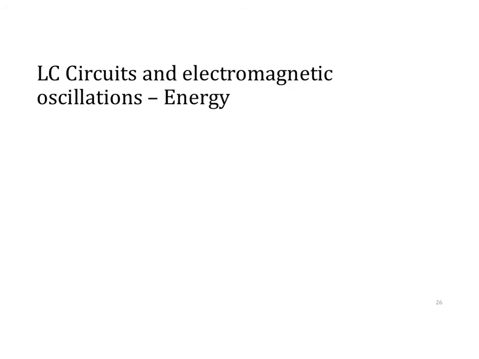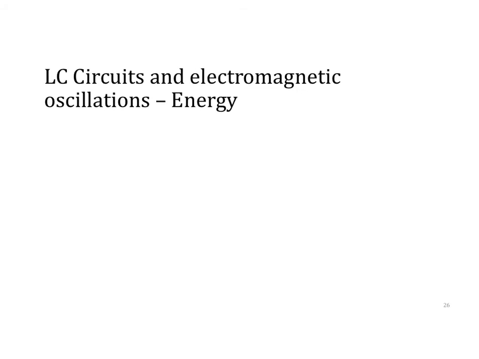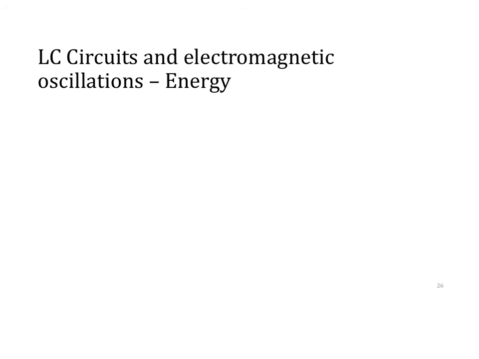If we're talking about LC circuits and those oscillations, we should talk about the energy of those oscillations. So at the start of our situation, when we have all the charge on the capacitor, so we have max charge on the capacitor, we're going to see that all of our potential energy is going to be in that electric field.